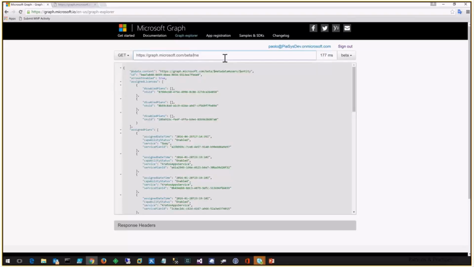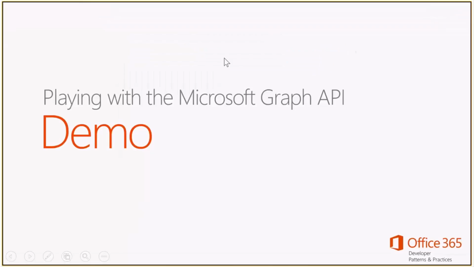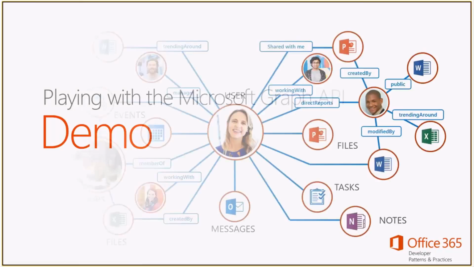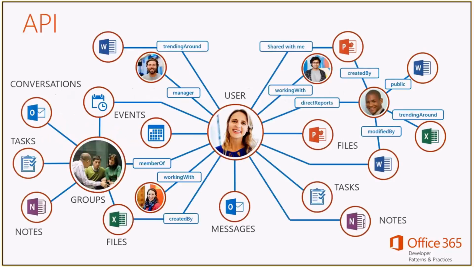Okay, so let me go back just for a while to the slide deck, and then we will be back pretty soon to some other demos. So we already saw that from an architectural perspective, the Microsoft Graph API is, we could say, user-centric, because we interact with the user object.